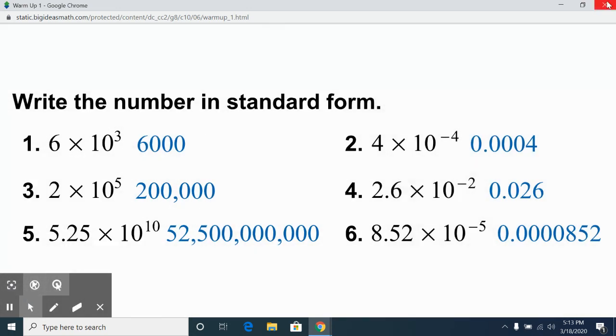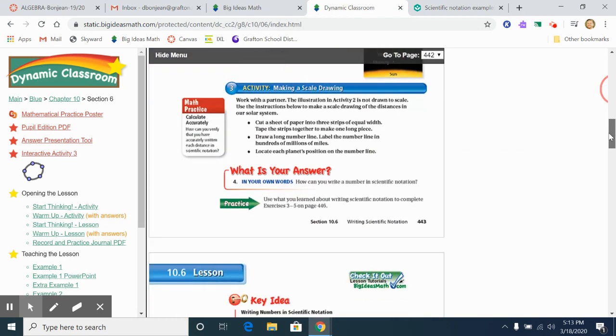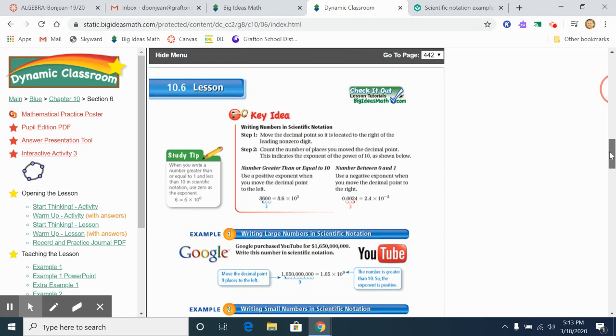All right, so let's get into it. I'm going to scroll to our first page, which is page 444, where the 10.6 lesson begins. Do me a favor: first thing I want you to do, your learning target needs to be written in your notebook.